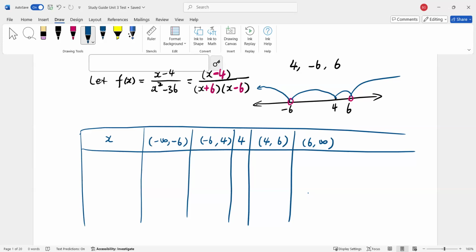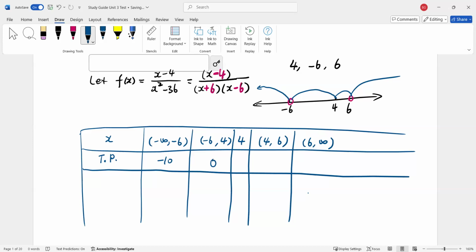In the first row, the domain is divided into 4 intervals, including a 0. In the next row, we pick testing points inside each interval. From negative infinity to negative 6, we can take negative 10. From negative 6 to positive 4, we can take 0.